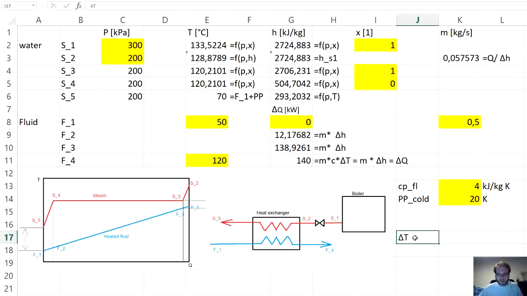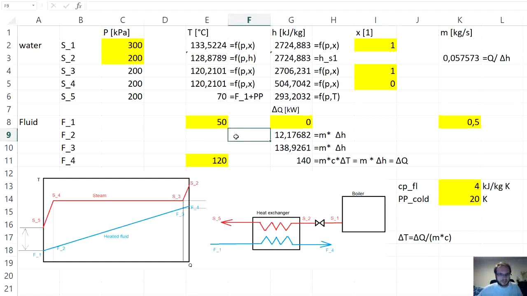The temperature difference delta T is delta Q divided by m and Cp. Delta T is delta Q divided by m Cp.